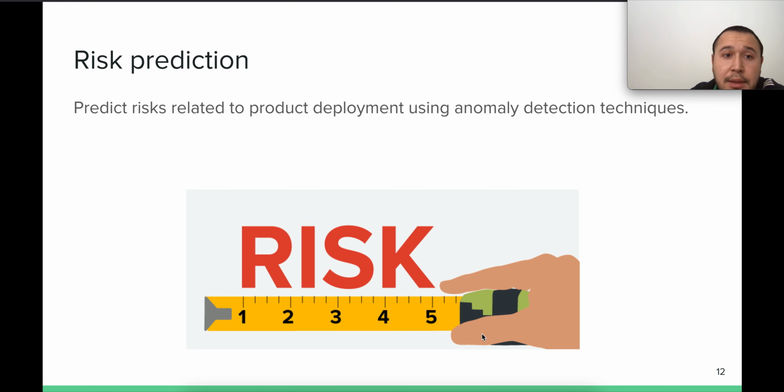After using this data in anomaly detection, we can predict some abnormal situations which can indicate risk during project development or project deployment, right? So this is how we are suggesting to predict risk using anomaly detection.